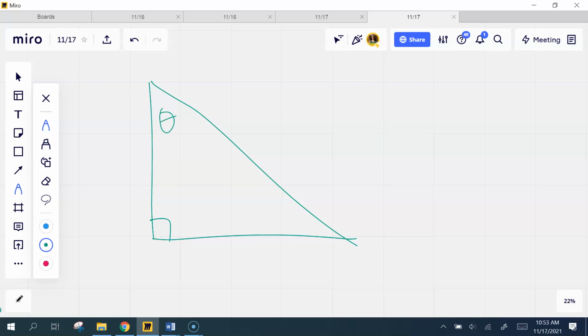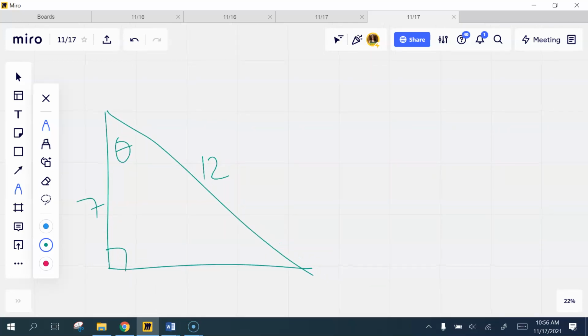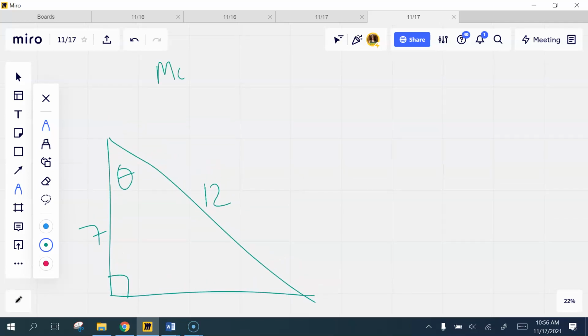What if, where was I? Let's say I had this triangle and I asked you to find theta. Find the value of theta. Okay, so as I'm looking, I guess I should label this more.